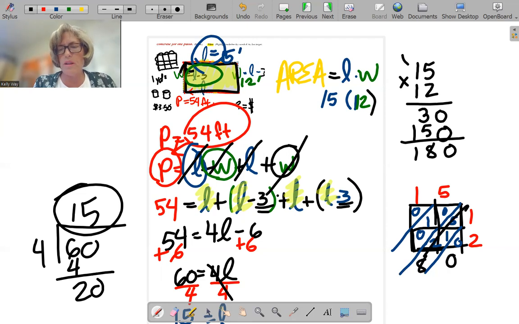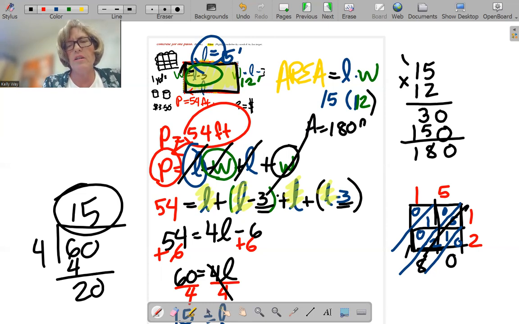I'm adding this way. That's 8. That's 1, 180. Same thing. So my area equals 180 feet squared.